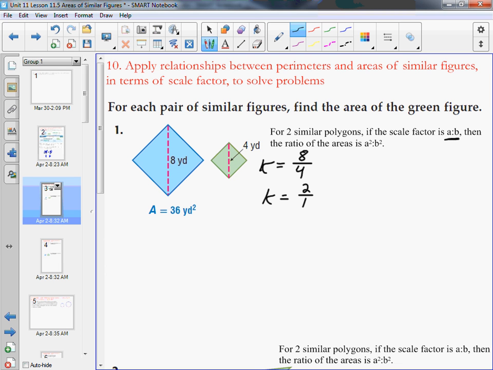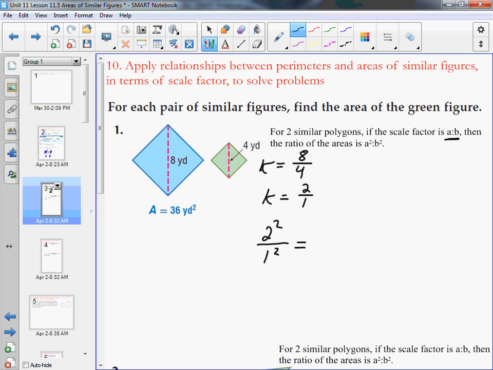That's a to b. So the ratio of the areas equals a squared to b squared. So look, that's a squared to b squared, isn't it? Make a ratio out of those areas and set it equal to a squared to b squared. So what is the ratio of the areas?